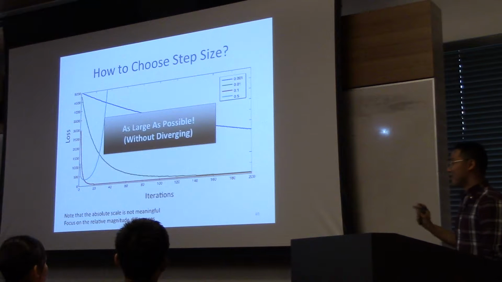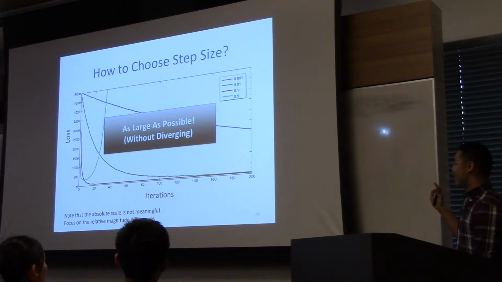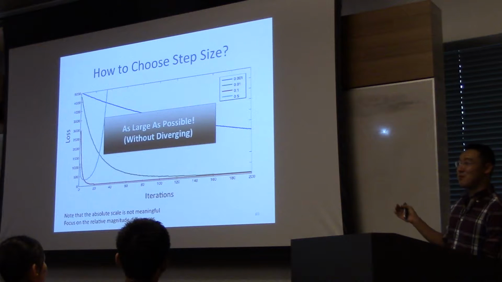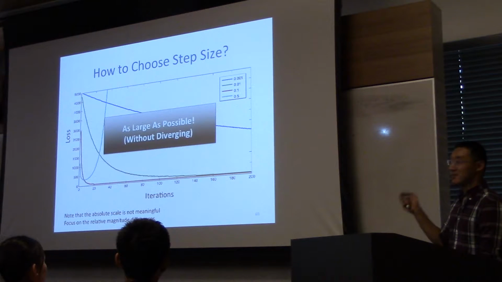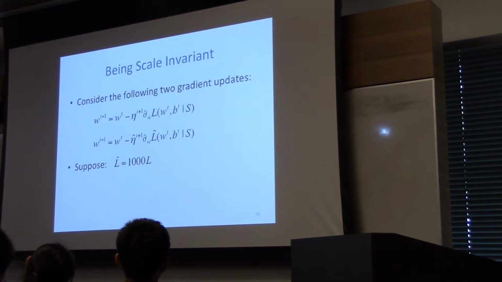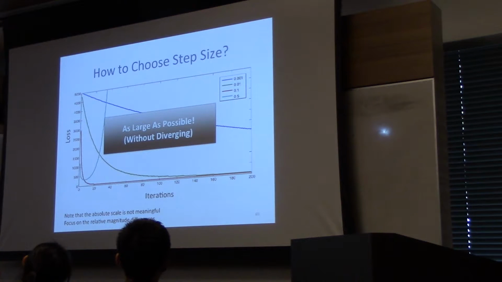I've suffered through this myself many times, where the step size was just a little bit too large, and then I run my gradient descent, I come back later in the day, and I get this model that's complete garbage because of this issue. We'll talk about some tricks for achieving this principle, but hopefully it's pretty intuitive.